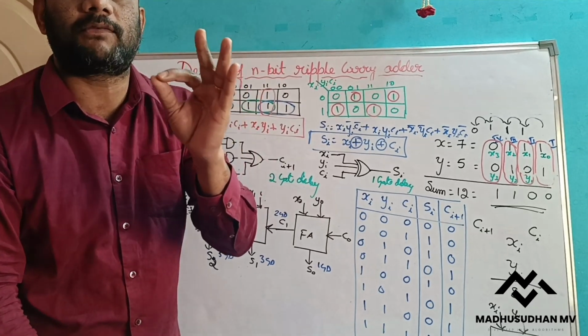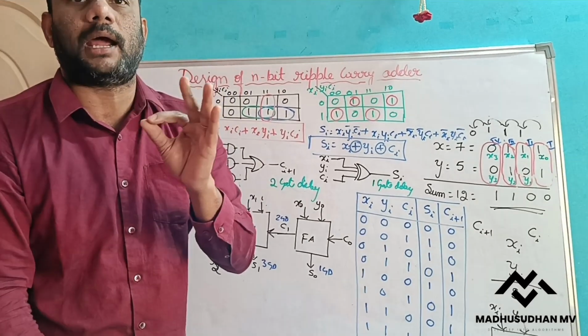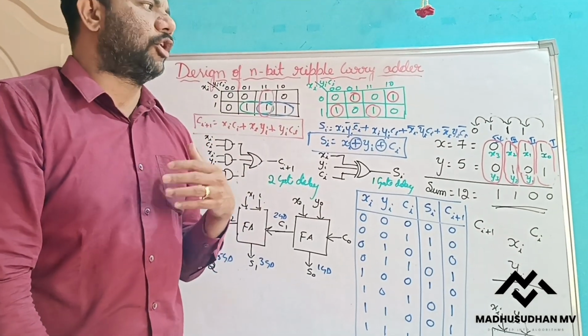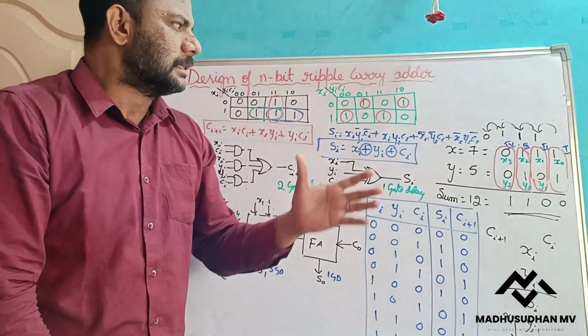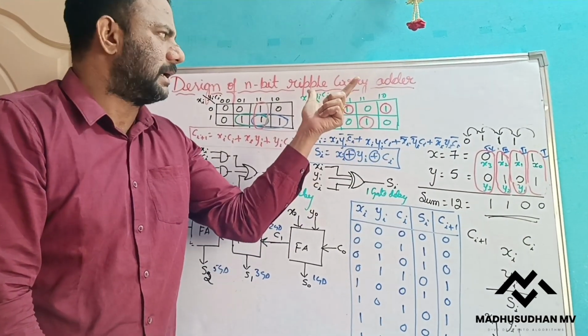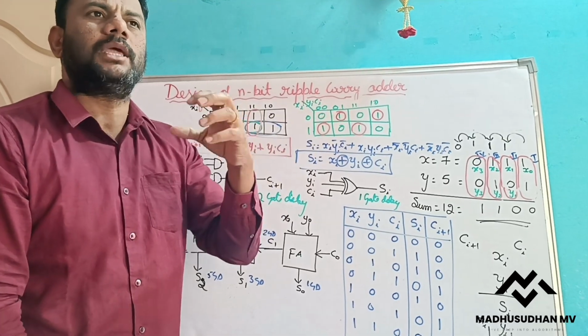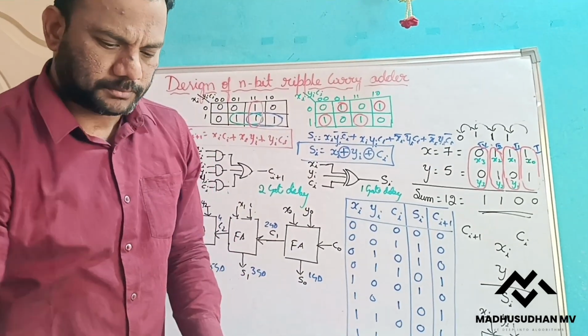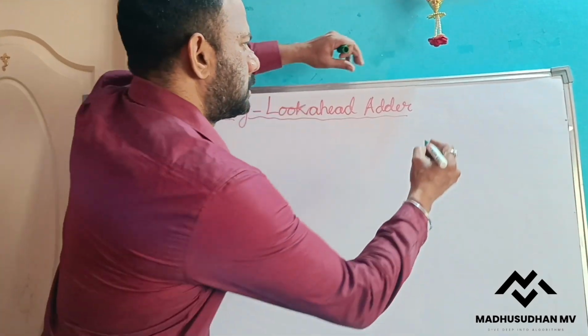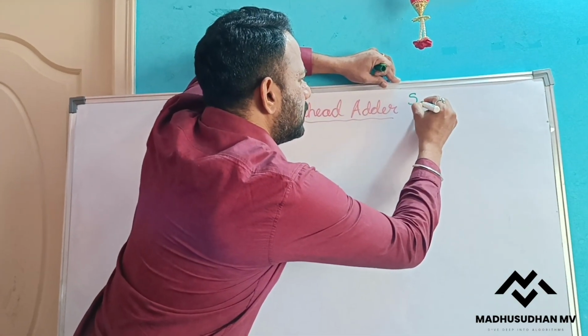Such a fast adder is called a carry look ahead adder. That is what I am going to explain in this video. I hope you understood the disadvantages of the ripple carry adder and why we go for carry look ahead adder logic.